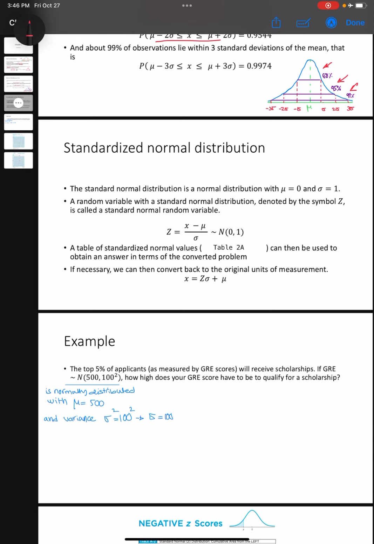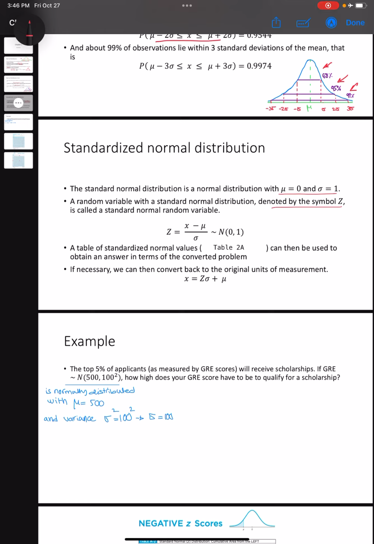Here there's a new term we learned about. It's called the standardized normal distribution. The standard normal distribution is basically just a normal distribution with mu equals 0 and sigma equals 1. A random variable with the standard normal distribution is also denoted by z, and it's called the standard normal random variable.